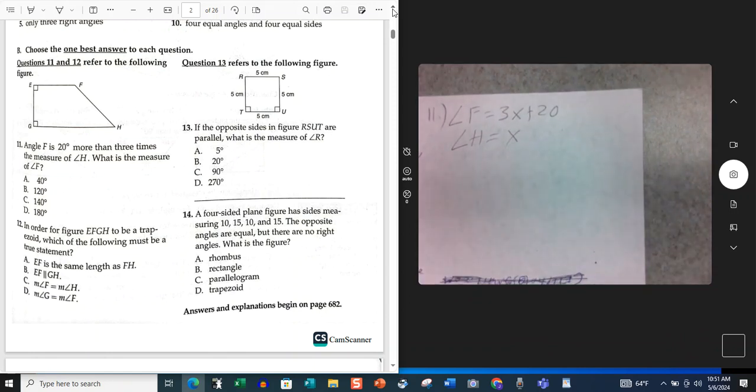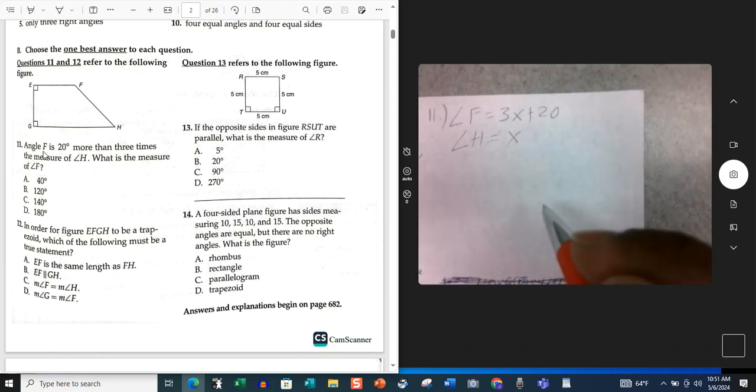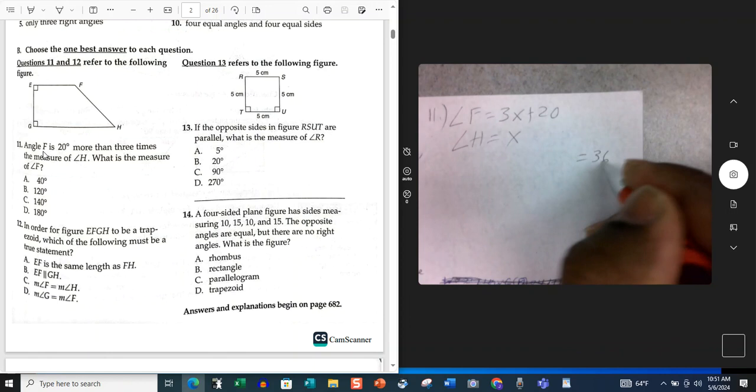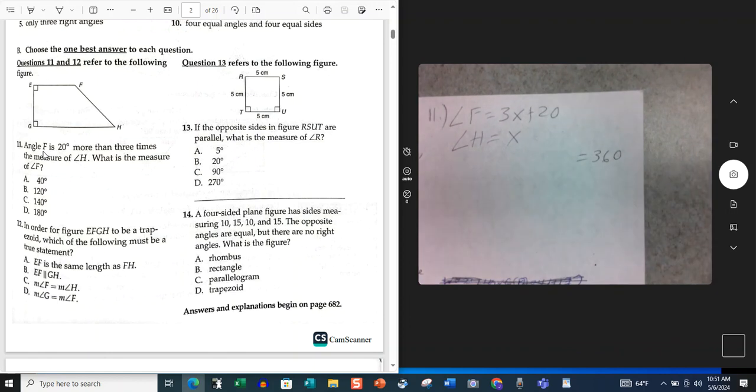Okay, now if you look at angle E and G, both of those are 90 degrees. So we want to find the measure of angle F. So what we would do is this. We were let known at the end of the previous page that all four-sided figures' interior angles are equal to 360.